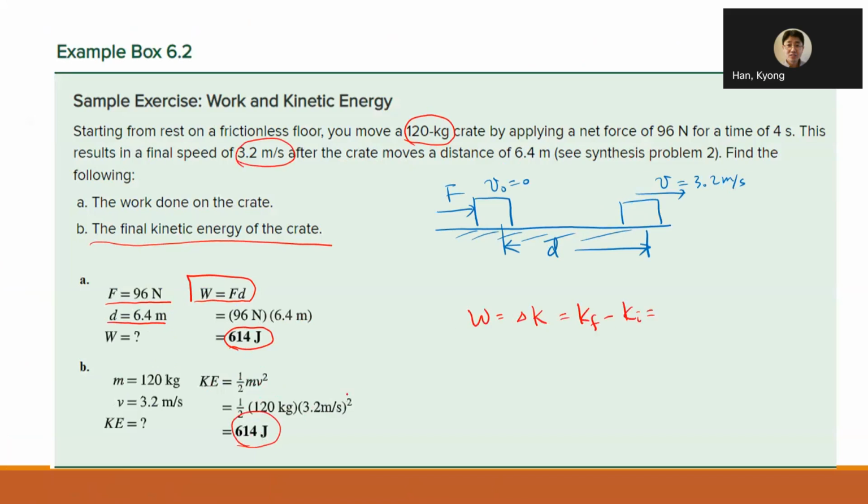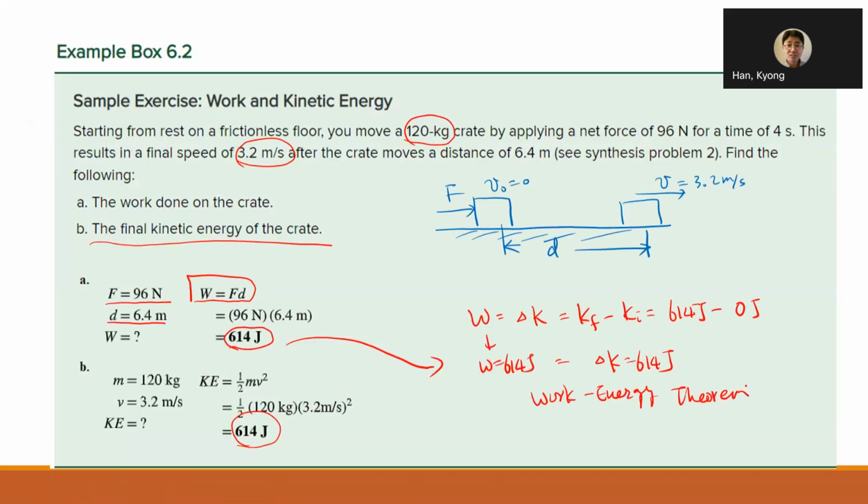The final kinetic energy is, as we calculated, 614 joule minus 0, because the initial kinetic energy is 0. So the work is 614 joule, which is exactly the same as delta K being 614 joule. This is the work energy theorem. That's proved.